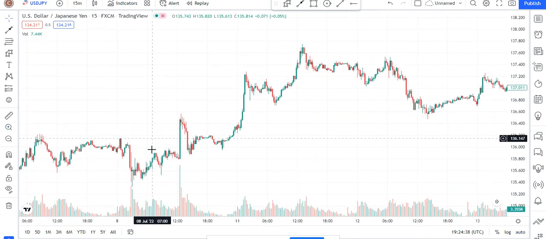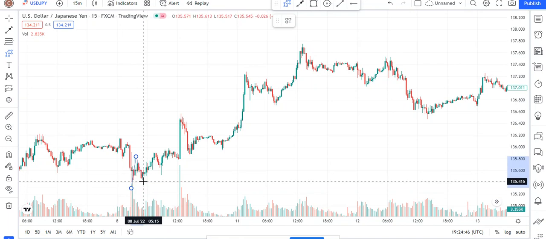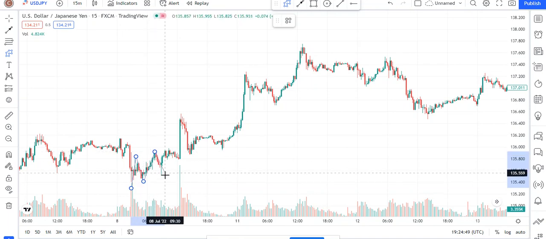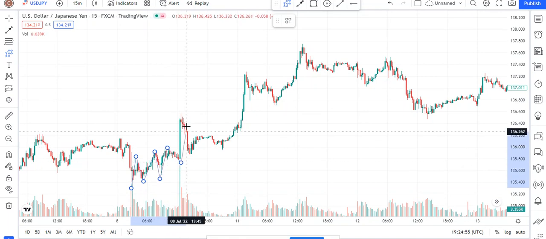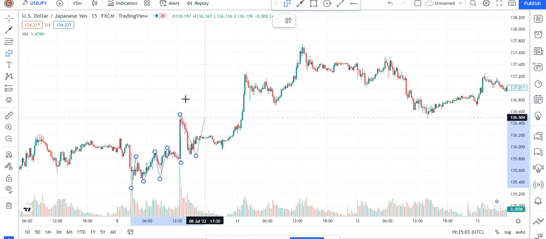Okay, so we have this trend now. Price starts from here, makes a high, a higher low, a higher high, a higher low. So it's following the uptrend format: a higher high, higher low, higher high, higher low, a higher high.